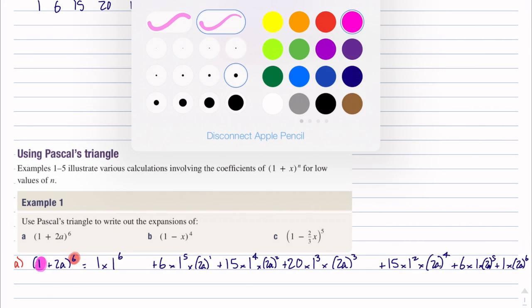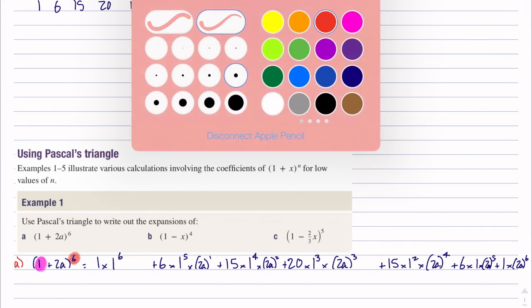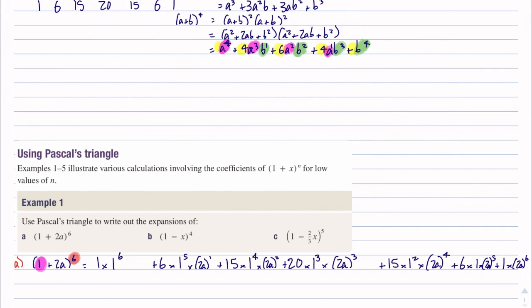So if I go through and highlight, that 6 meant that I was in this row here, which meant I had 1, 6, 15, 20, 15, left way too much space, 6, and 1.